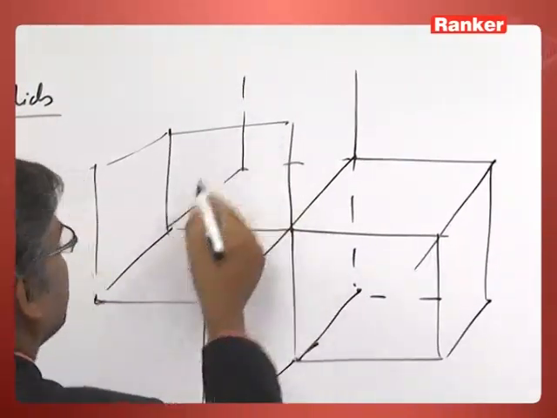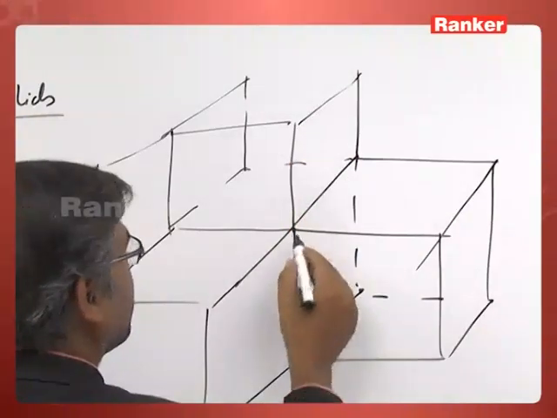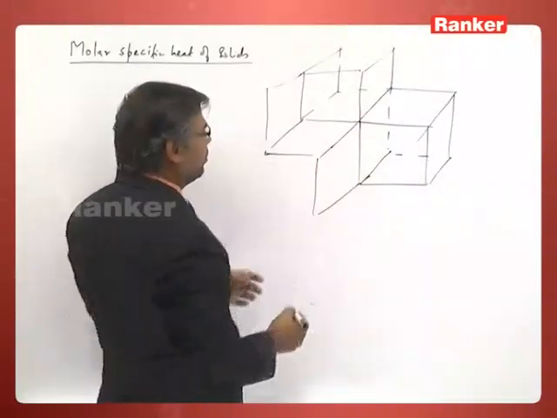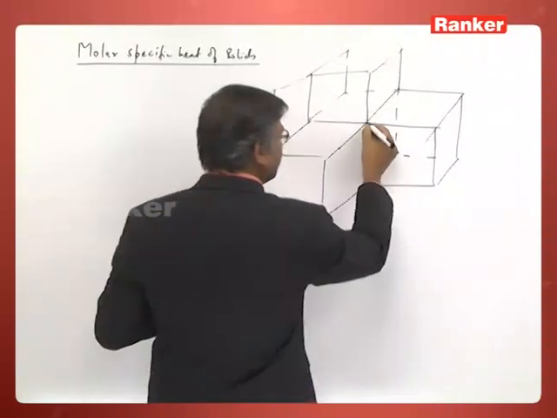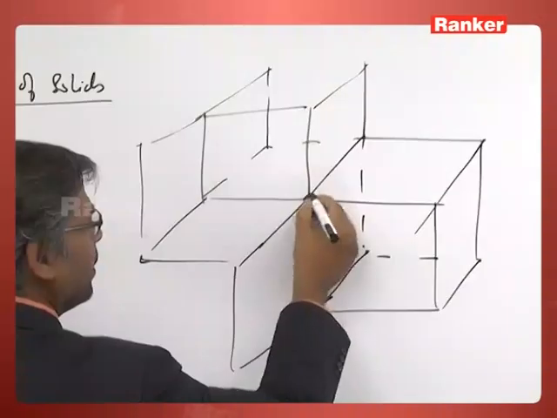Just imagine this system: we have one cube, one cube, one cube, and here. Just imagine this atom here.